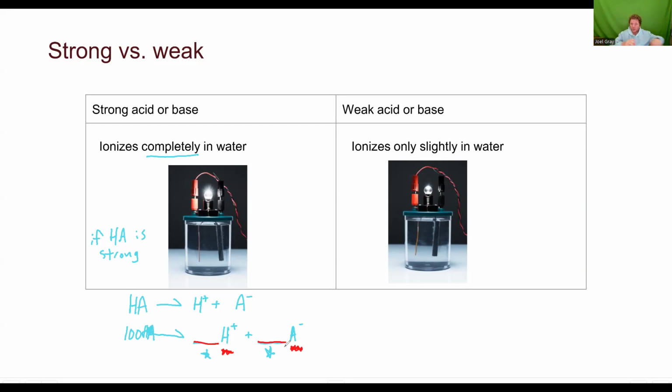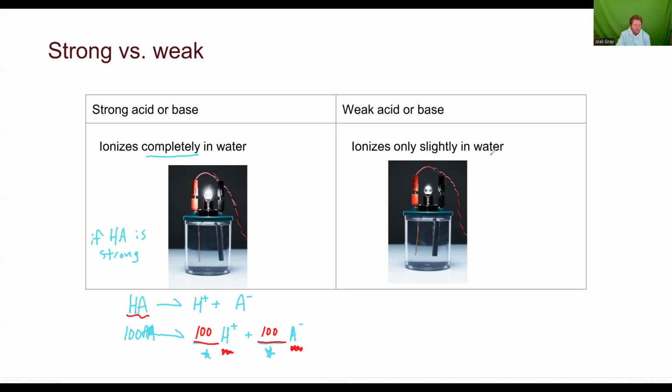Well, it's going to completely break apart. So we're going to end up with 100 H plus and 100 A minus, because this HA will totally separate. Every single one of those molecules will separate into our two separate ions.